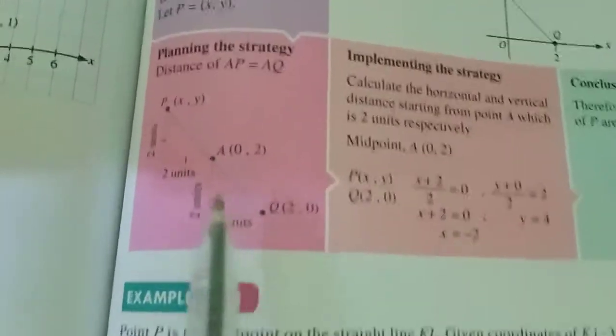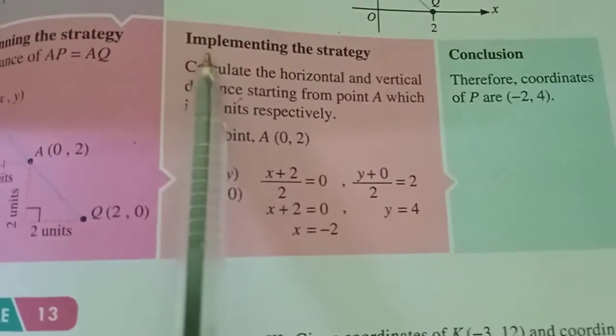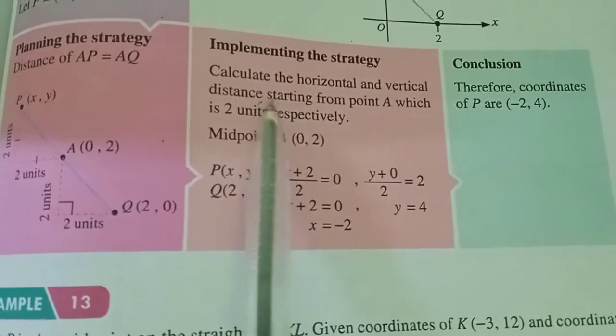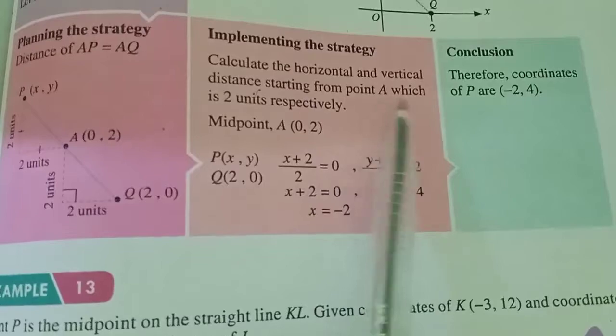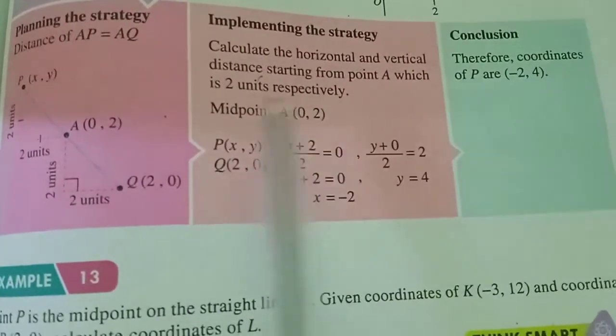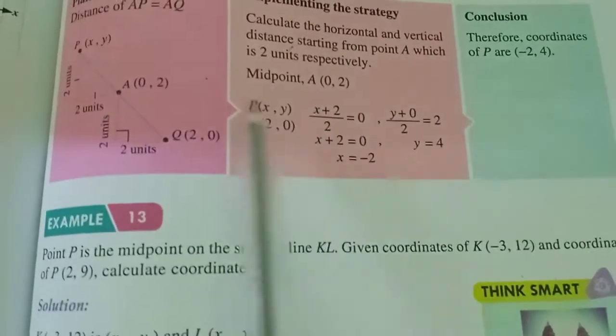Distance of AQ is 2 units. Implementing the strategy: calculate the horizontal and vertical distance starting from point A, which is 2 units respectively. Midpoint A (0, 2).